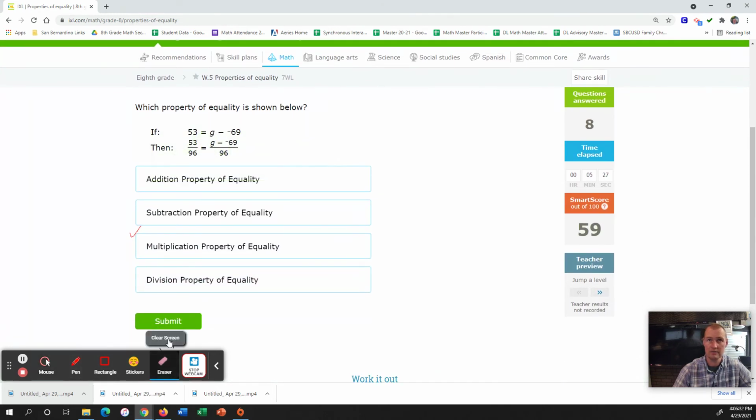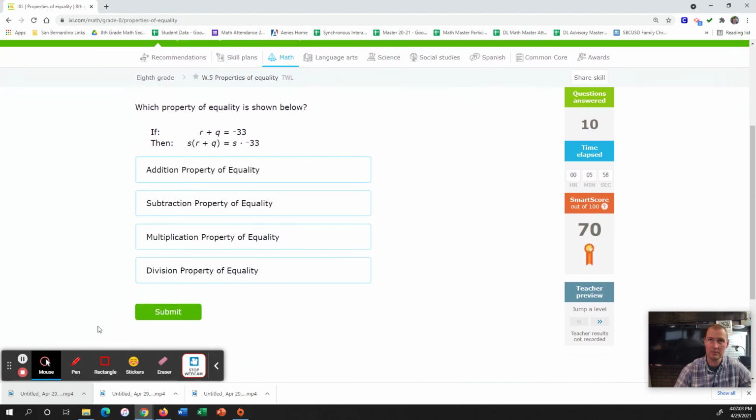All right, next up, looks like a division problem because we are dividing both sides by 96. Next up, same thing. If, no division, but the word then we got added into a divide of D. So dividing D on both sides is division.